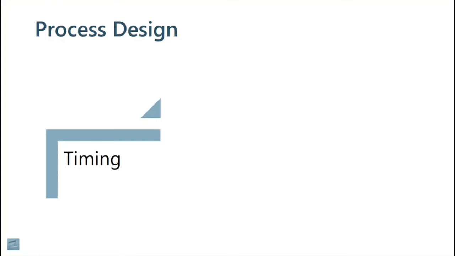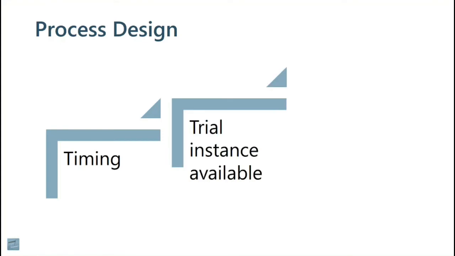If you're taking a business process that isn't currently leveraging Dynamics AX and you want to roll that out, you can do some proof of concept as a separate thread from the code and data upgrade work effort. I will mention that you do have access to a trial instance of Dynamics 365, so even before you get really serious about doing the work, you can start doing proof of concept and evaluating new features before you get going on the project.